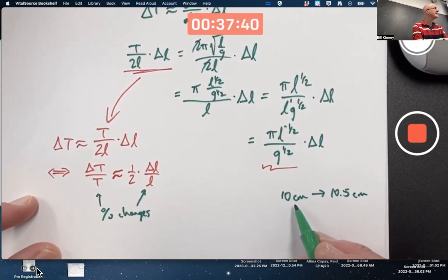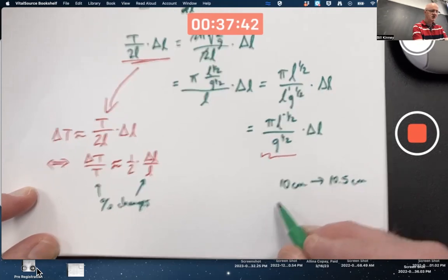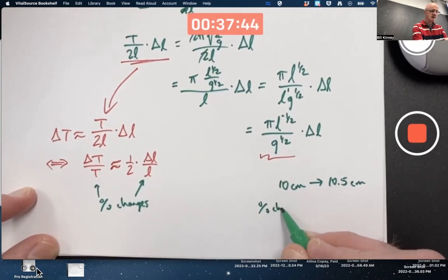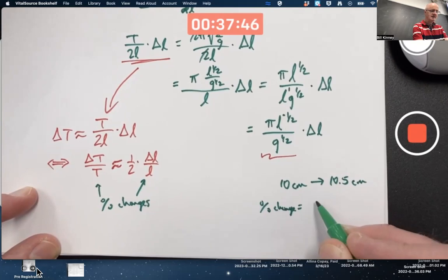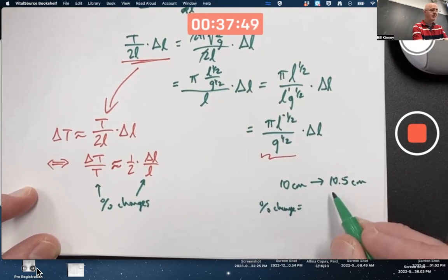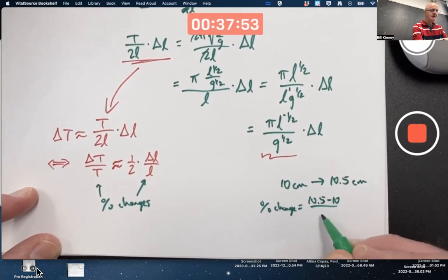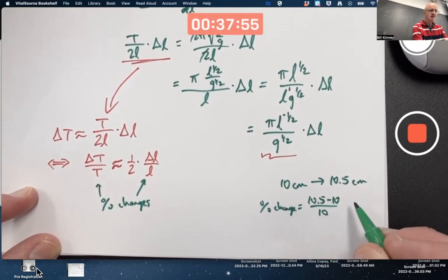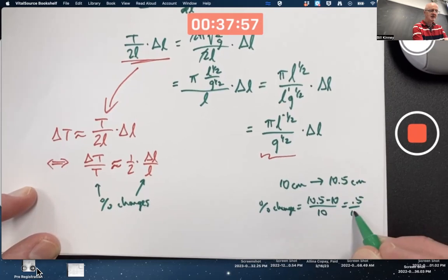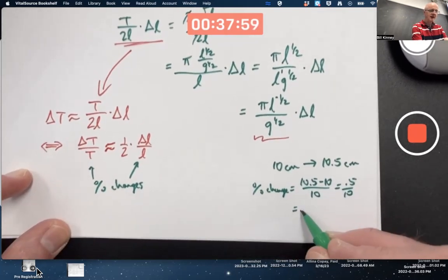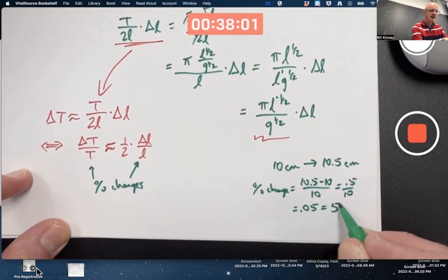Which is 5%. The percent change is the change in the length of the pendulum, 0.5, 10.5 minus 10, divided by the original length, 10. 0.5 divided by 10, which is 0.05 as a decimal, as a percentage, that's 5%.